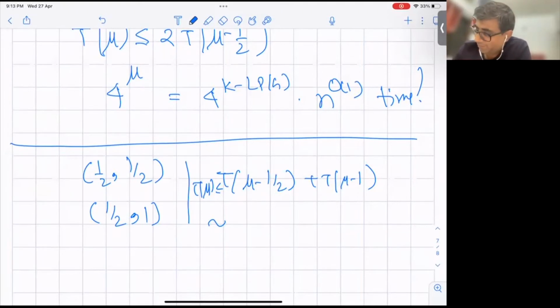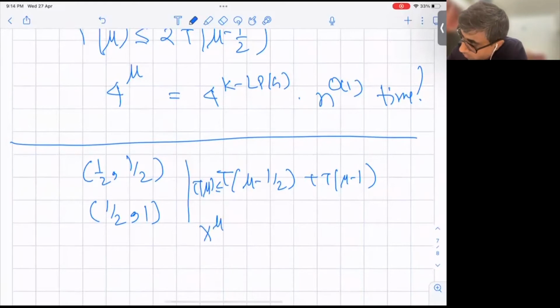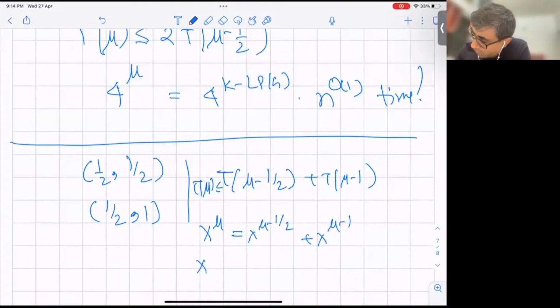Okay, let me, I think this is fun. Let's see. So this is x to the mu equals x to the mu minus half plus x to the mu minus 1.